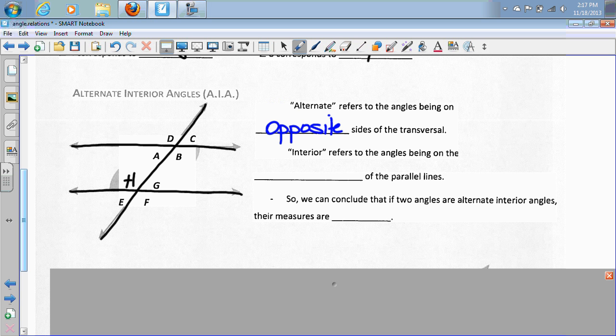Interior means the angles are going to be on the inside of the parallel lines. So we can conclude that if 2 angles are alternate interior angles, their measures are congruent.